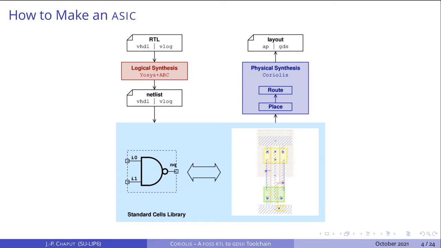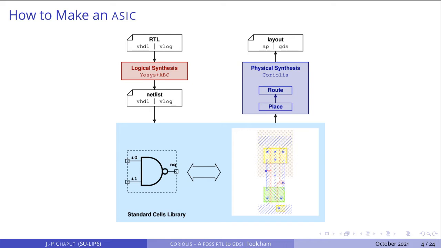The entry point of the flow is an RTL description, register transfer logic, which you should be already familiar with, at least I hope most of you, because it's what you feed to an FPGA compiler. So it's the same description, exactly the same. But we apply a different treatment to it.